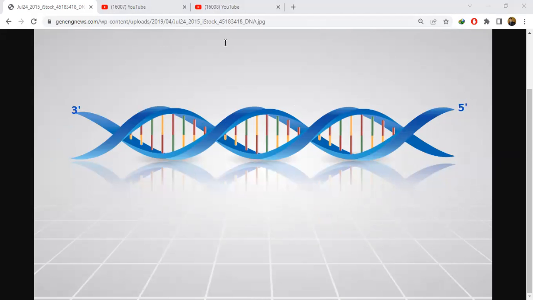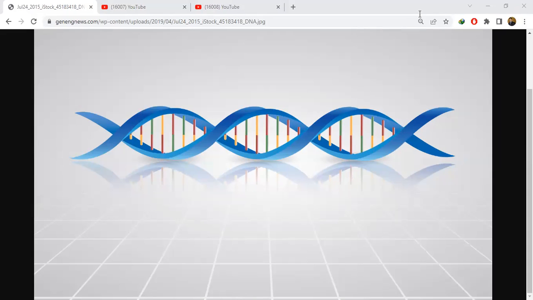And oppositely, this end will be 5', and the other end will be 3'. That is linear DNA. So what are the two types of DNA? Circular DNA and linear DNA.